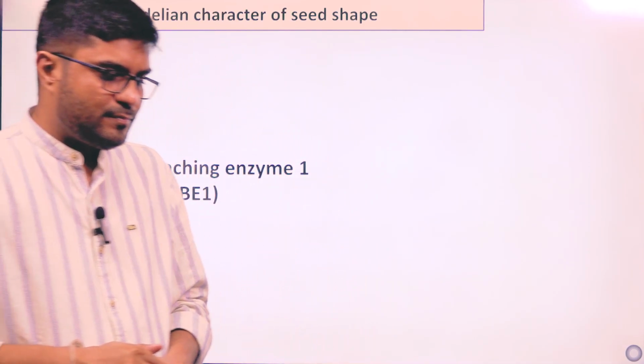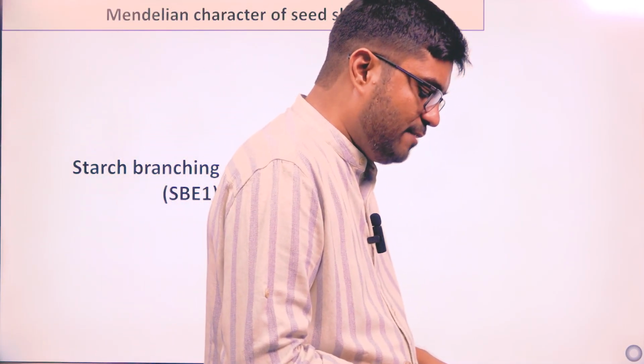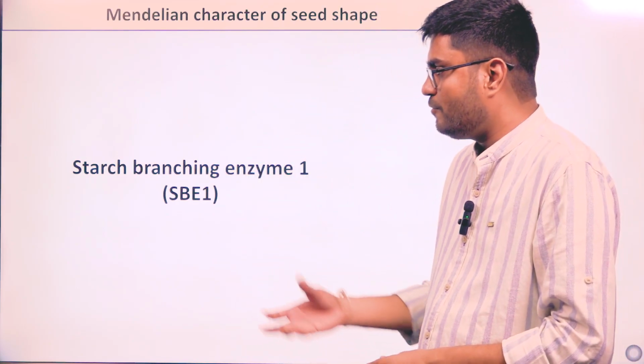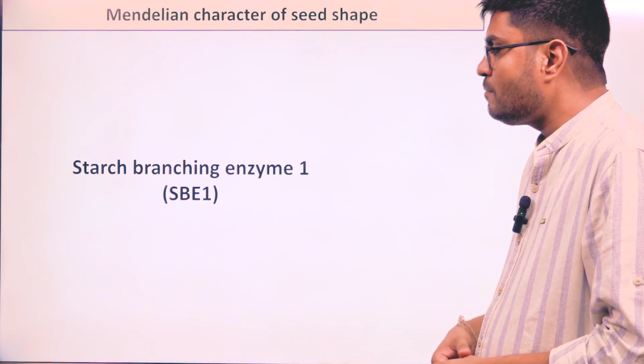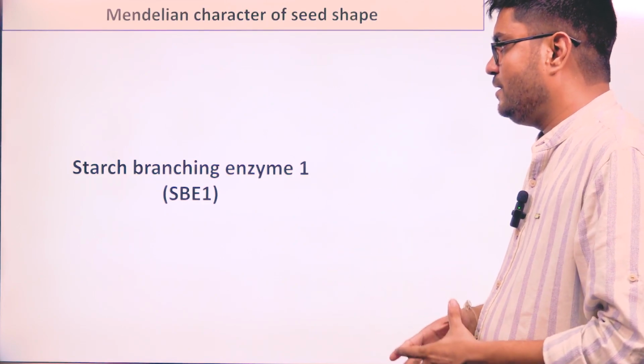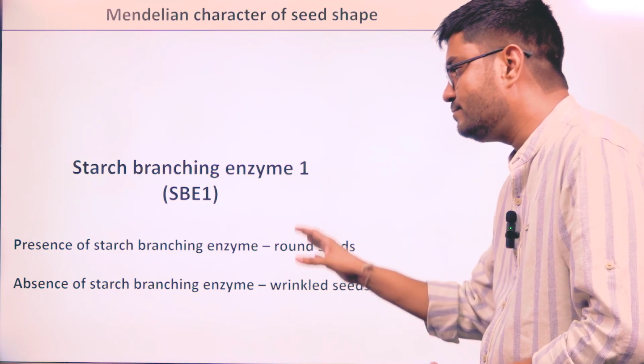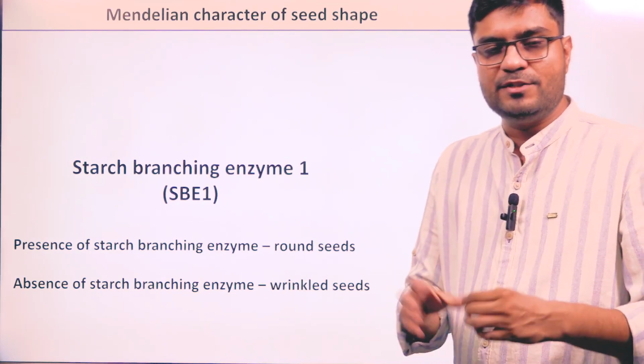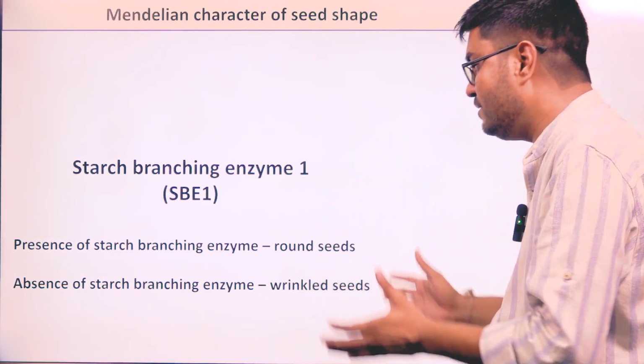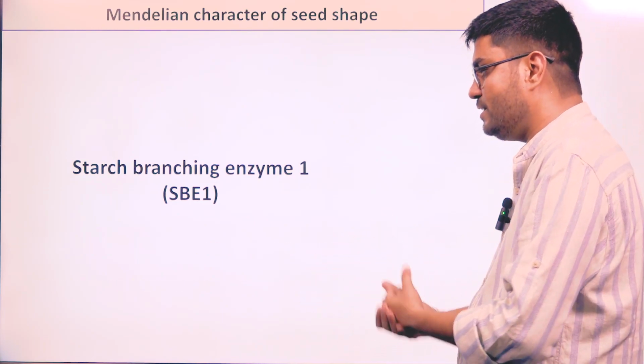So if the isoform of starch branching enzyme 1, SBE1, is present, then the seeds will be round. So this enzyme will branch the starch and seeds will be filled, and they will look like round seeds.